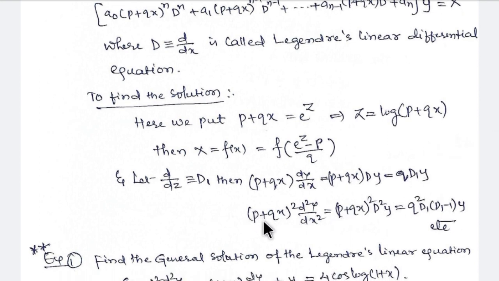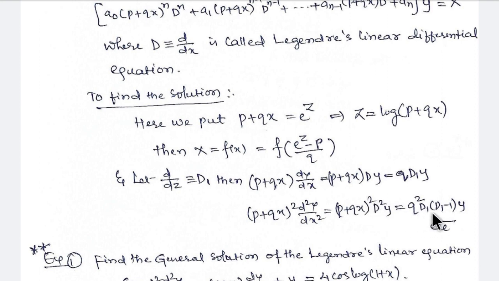Similarly, (P + Qx) squared d squared y by dx squared is replaced by Q squared, because of the square, that is the coefficient of x squared, multiplying d1 into (d1 - 1).